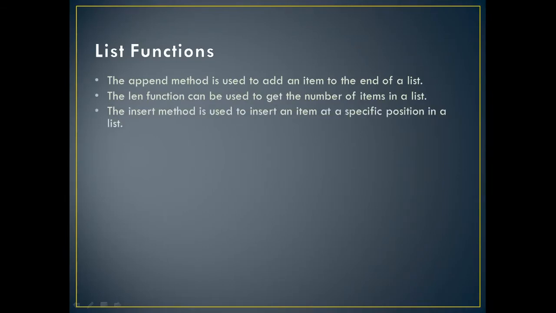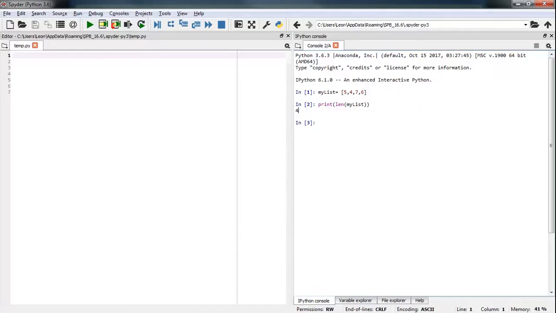The insert method is used to insert an item at a specific position in a list. To try this, we could say myList.insert. Now first you'd have to enter the index you want to insert this element at. If I would like to insert it between 5 and 4, that means I would like to insert it at index 1 as the second element, which is index 1.